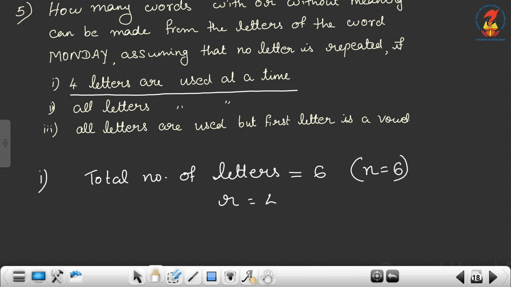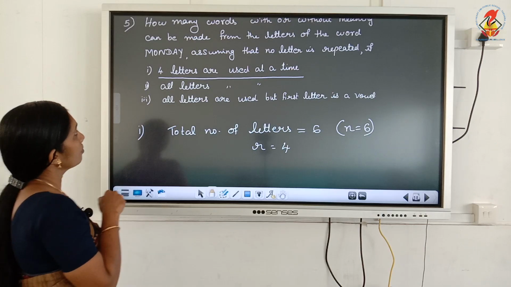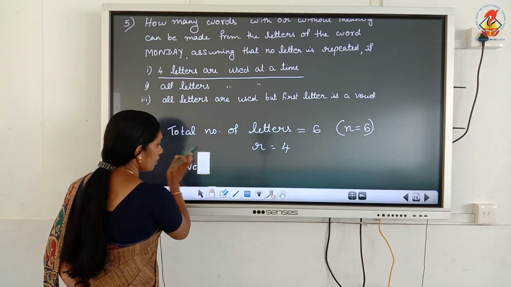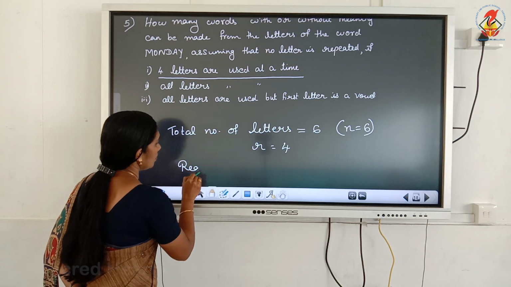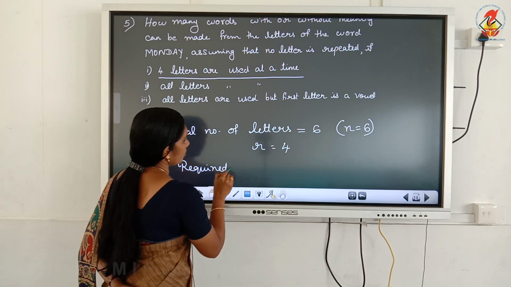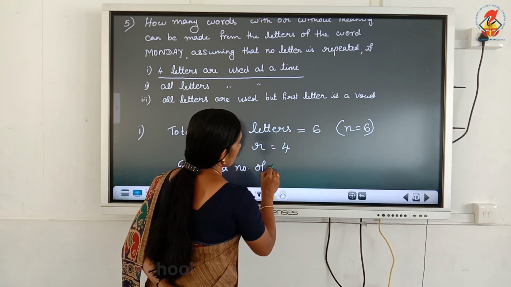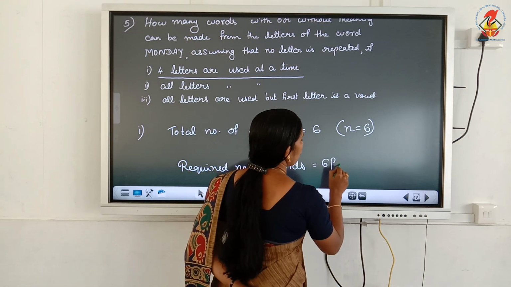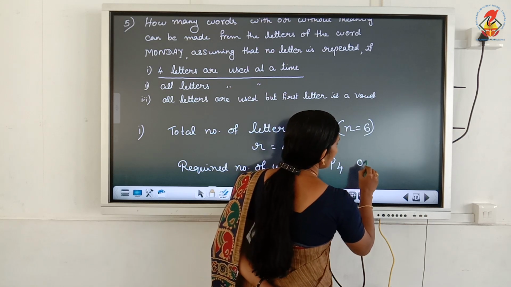So r is equal to 4. So what is the required number? Required number of words is equal to 6P4.